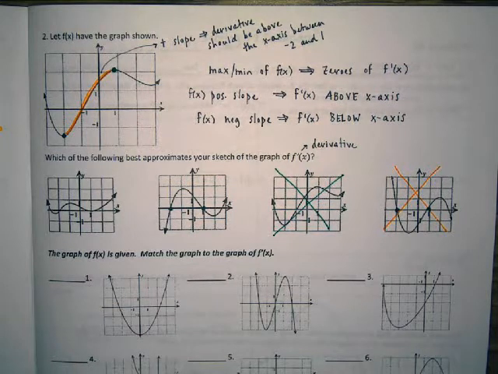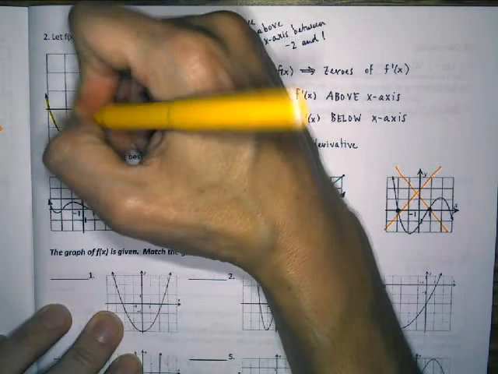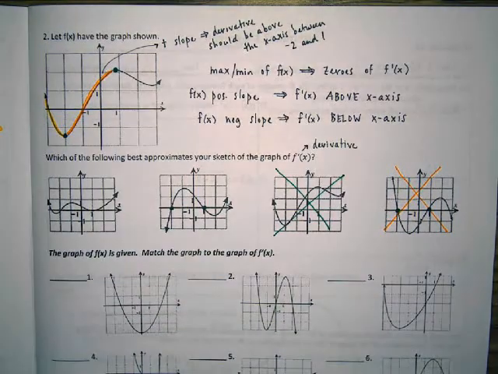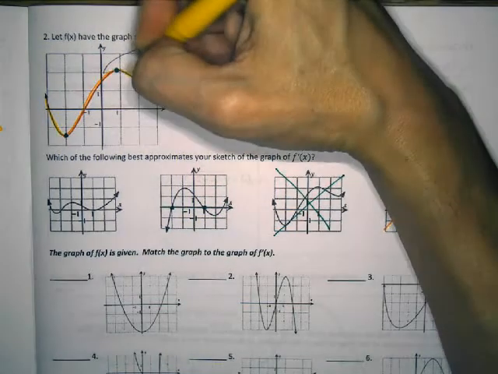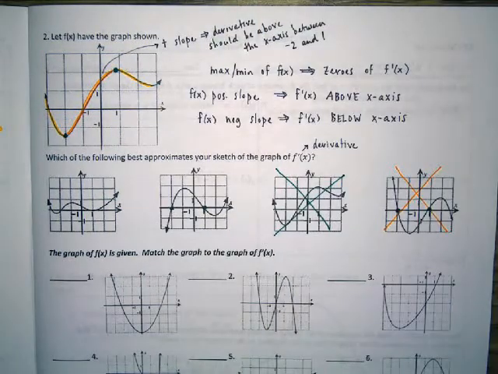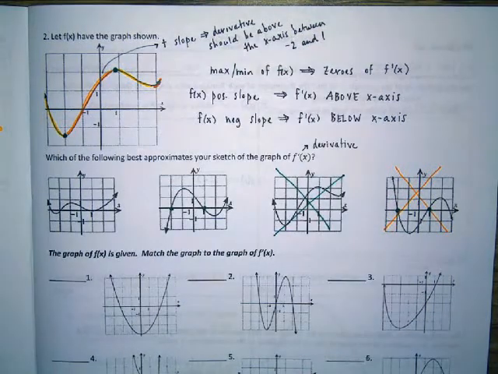And so now I look at the other behavior here. And I can see here, to the left of -1, I am strictly decreasing. So to the left of -1, I should always be below the x-axis. And then over here, it looks like I'm below the x-axis for a bit, and then maybe I have a slight turn up here, so I go back above.